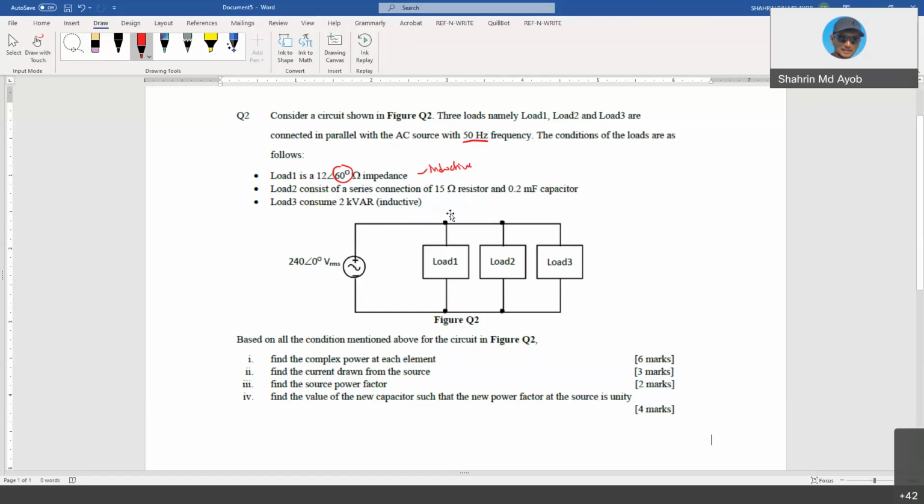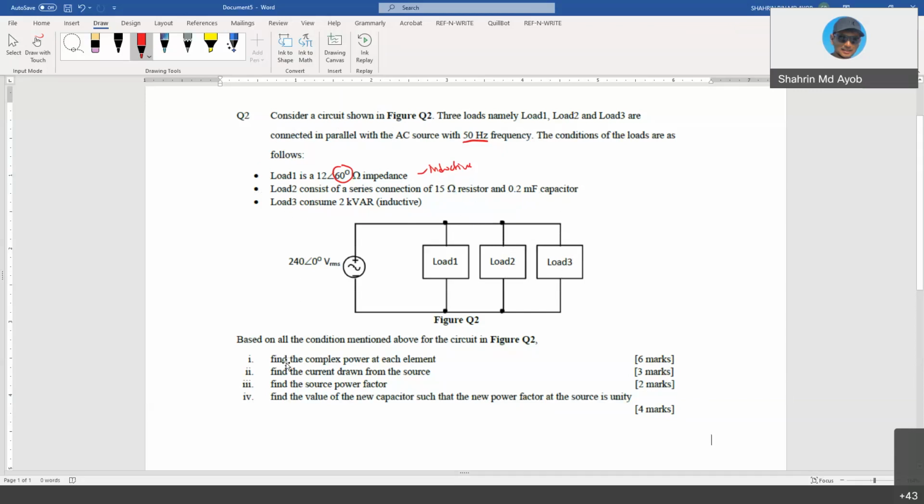So meaning that load 1 has P and positive Q. Load 2, based on this impedance value, will have P and also negative Q. And load 3 only has positive Q. Okay, so that is the information that we can obtain from this question.